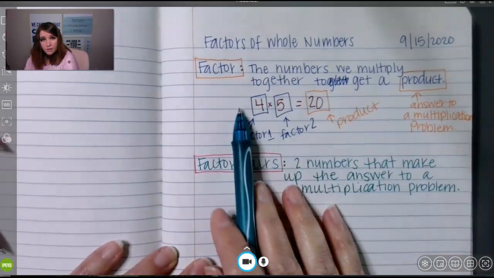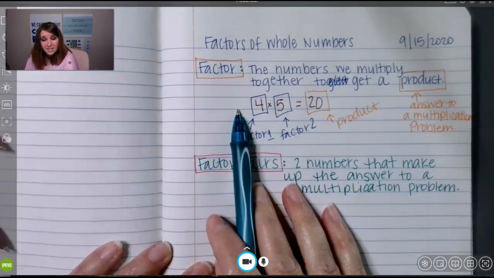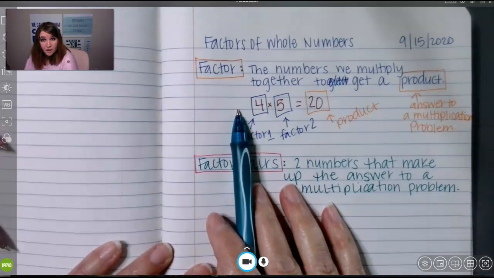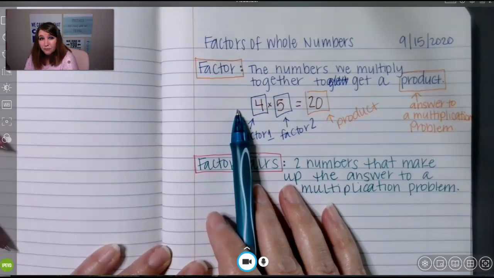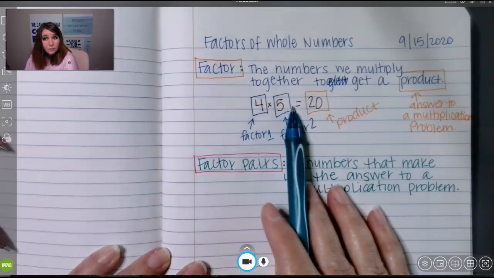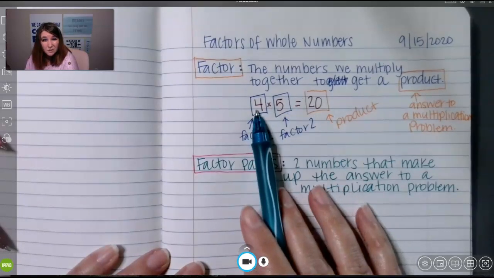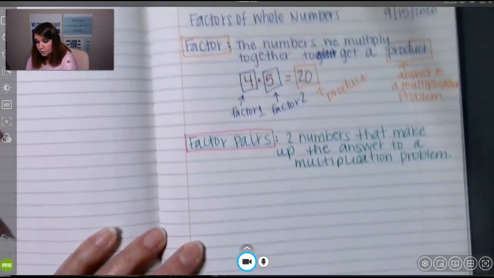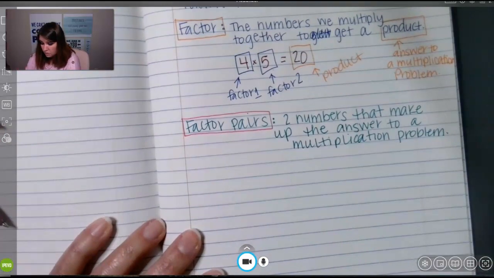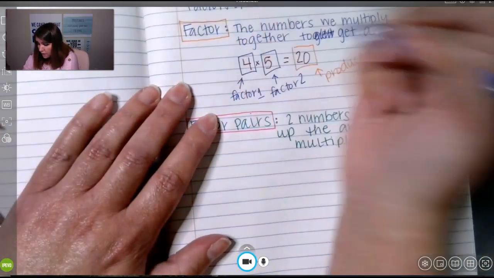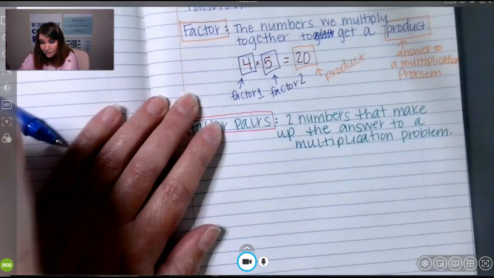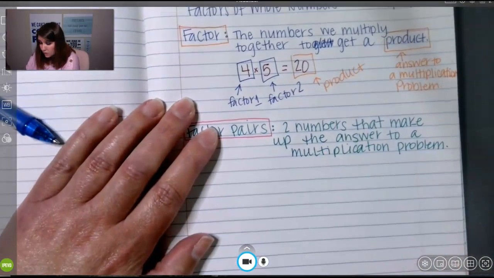This up here, if I threw a 1 in front of here and I did 1 times 4 times 5, those are still factors. This one just happens to have 3 factors at that point because of the 1. Down here, a factor pair. Up above, I can add to my notes, and I'm going to do that.